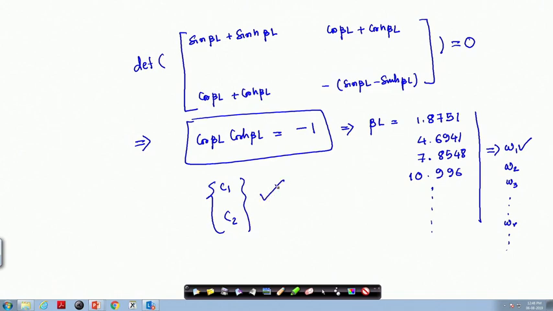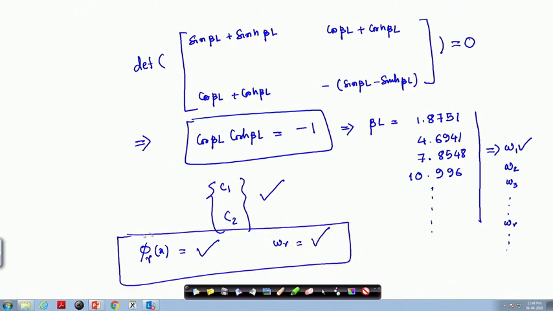Once the relative values of C 1 and C 2 are known, we can find out the solution for phi x. So, phi r x and omega r are going to be known. This is the solution of the mode shape and natural frequency of a fixed free beam.